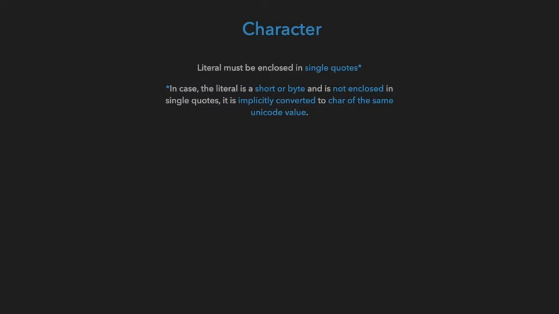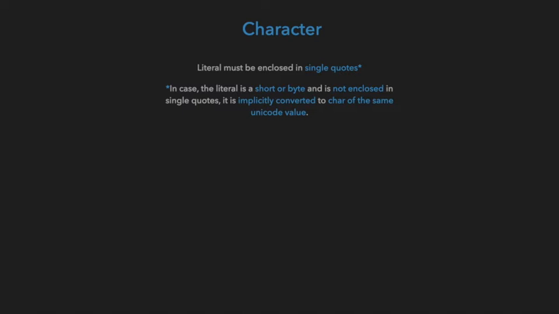Then you'll have to do something called typecasting, which will be covered later. But it can be a short or a byte, because both of them occupy memory that is either equal to or lesser than the memory occupied by character. Byte just occupies one byte.